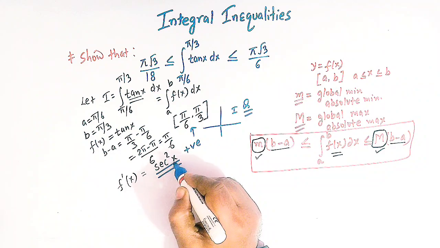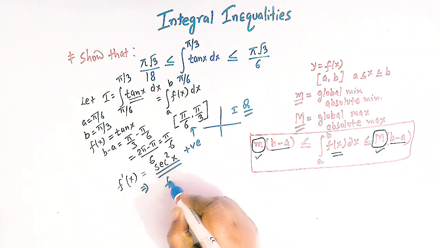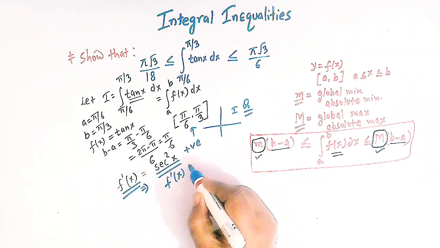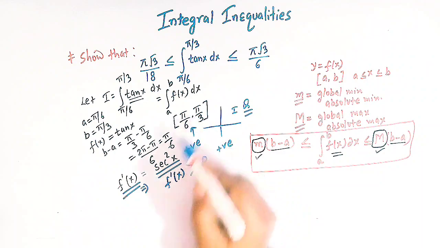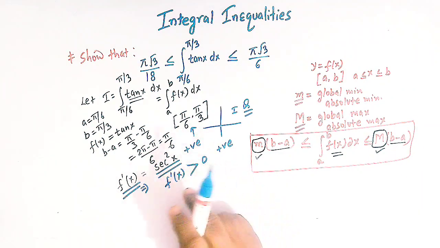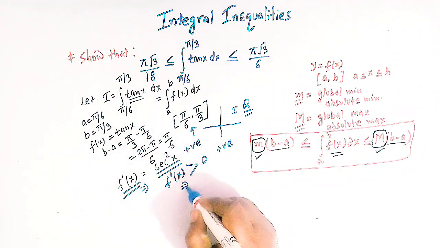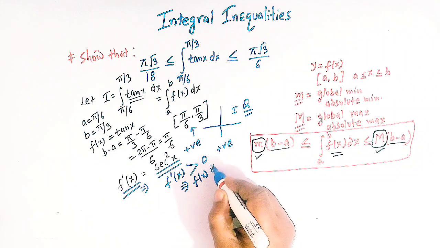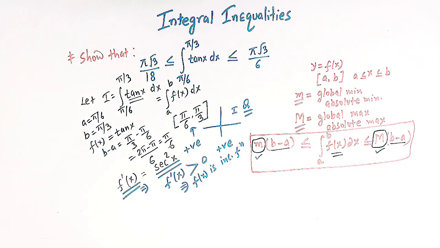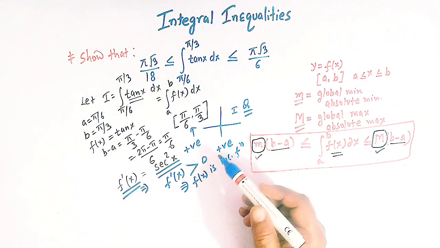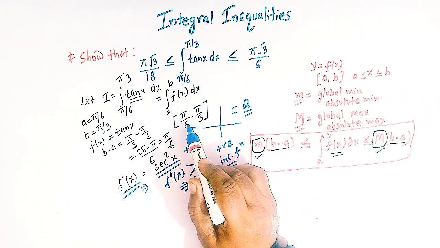So square of secant x is always a positive quantity in this interval. So we can conclude that this derivative is always greater than 0 or positive in this interval, right? And whenever the derivative is positive in some interval, we can conclude that the function is an increasing function in that interval, right? So we see that this function tan x is an increasing function in this interval, right?